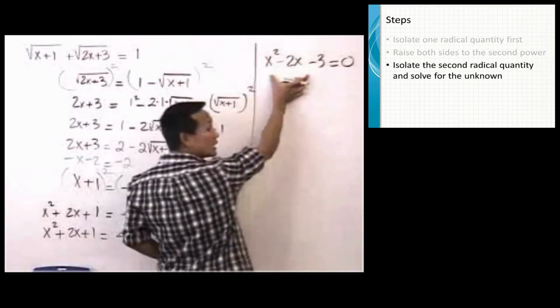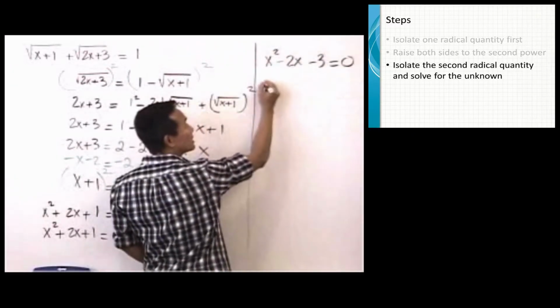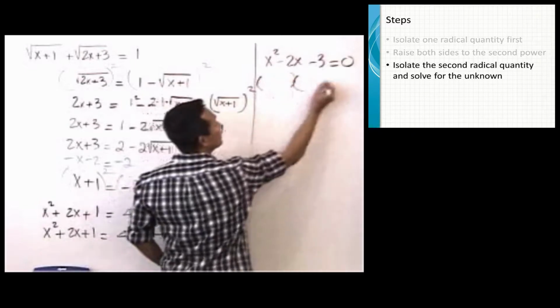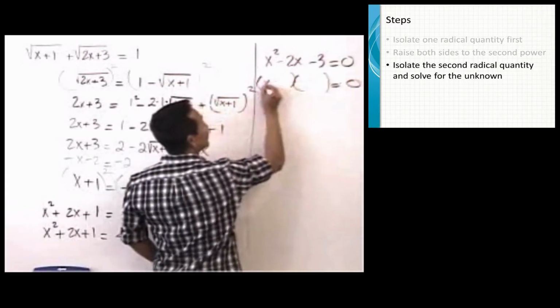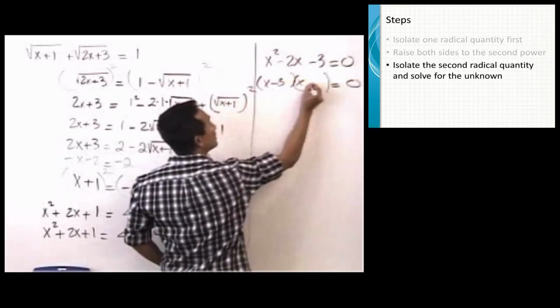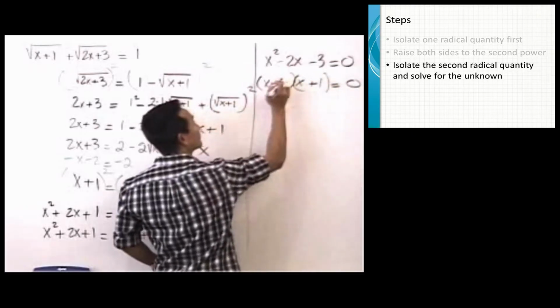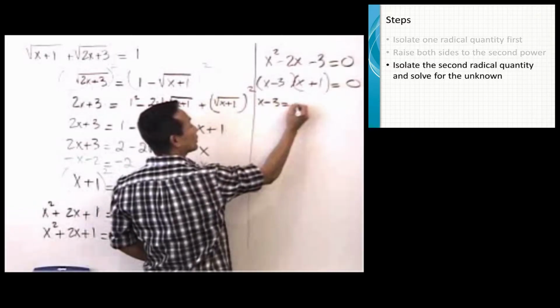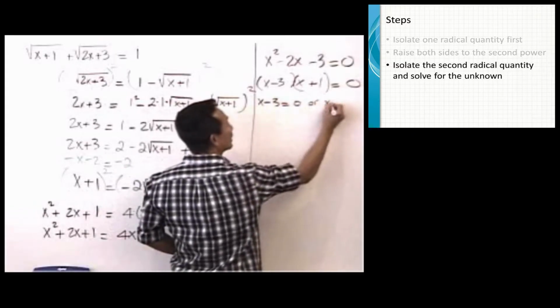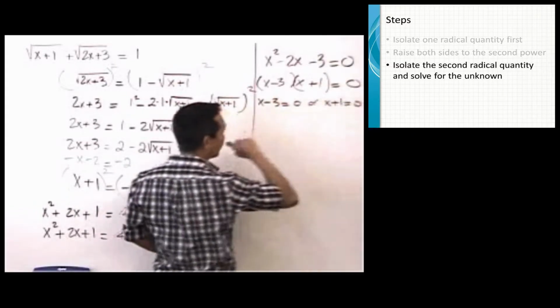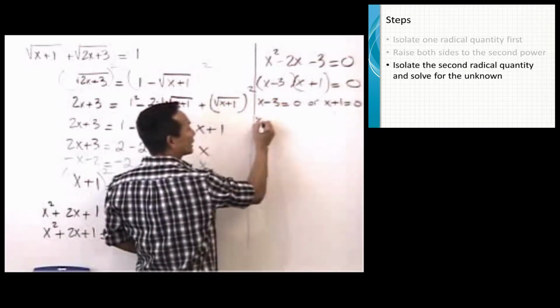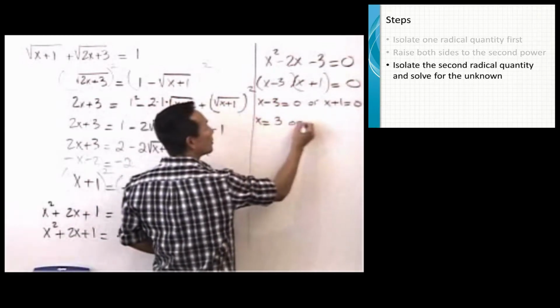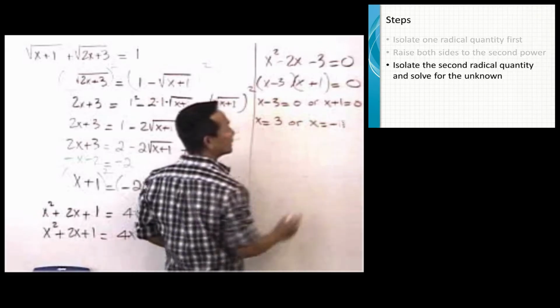And from here on, we can solve by the zero factor property. x minus 3 times x plus 1. And we say x minus 3 equals 0, or x plus 1 equals 0. x equals 3, or x equals negative 1.